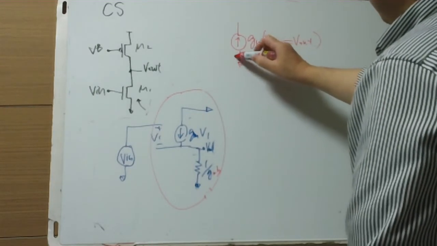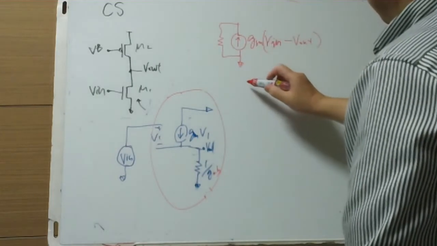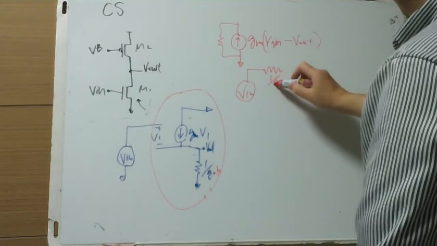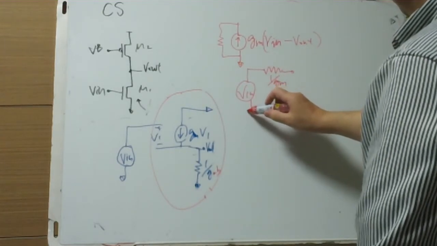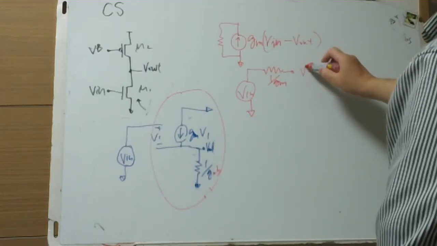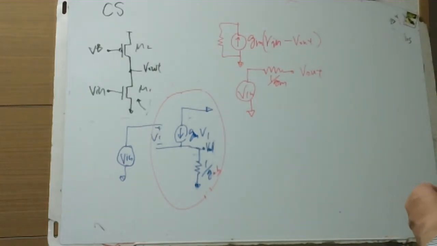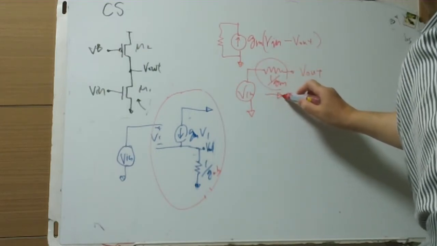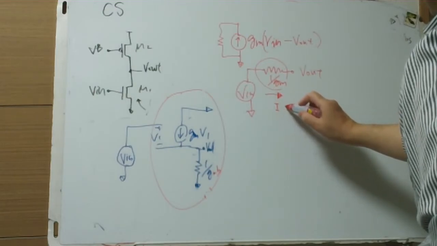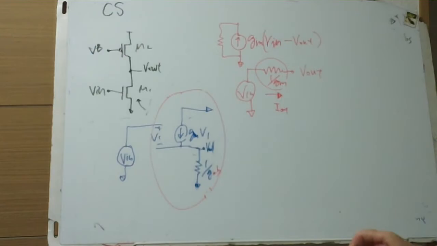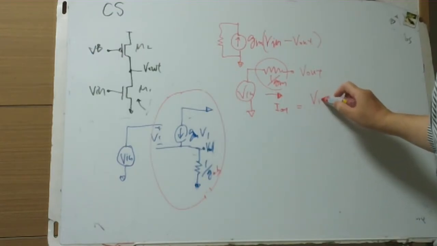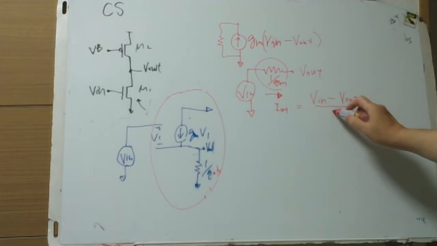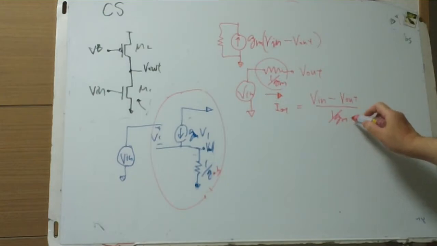Ground and R, and then the 1 over GM. And this is V out, just V out. So this current I out equals V in minus V out, or V out divided by 1 over GM plus RO.